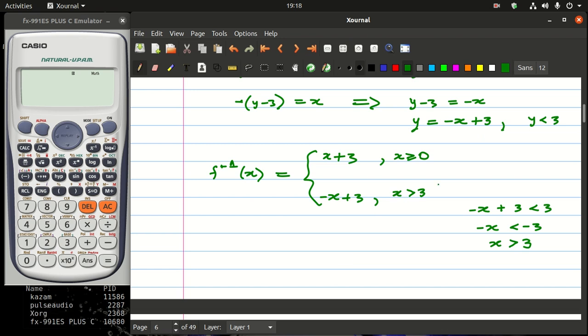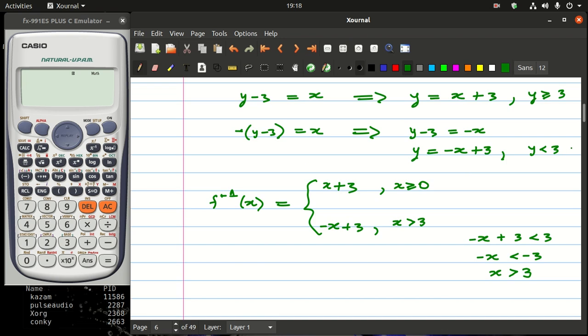I want my x to be bigger than or equal to 0, so that this one here is greater or equal to 3. Here I want my x to be bigger than 3, so that this one here is going to be less than 3. These are the two things that we want.